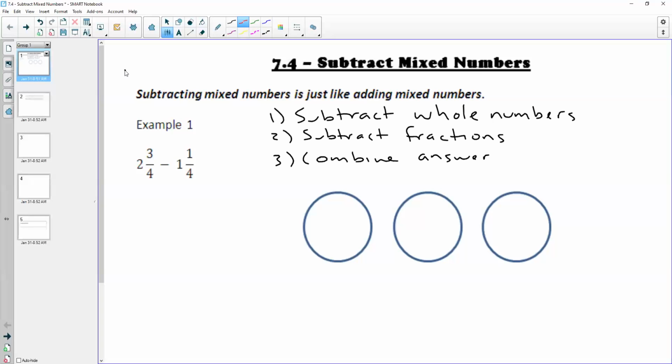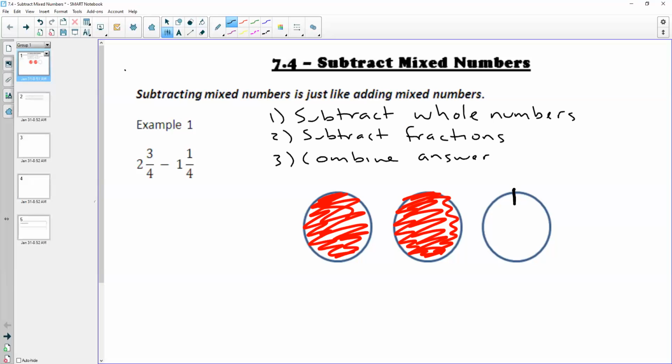So this first example here, we have 2 3/4. So 2 wholes and 3/4. So I'm just going to go ahead and color in my wholes. So 1 whole, 2 wholes, and 3/4. Okay.